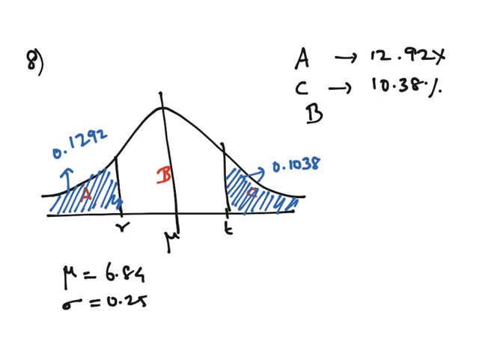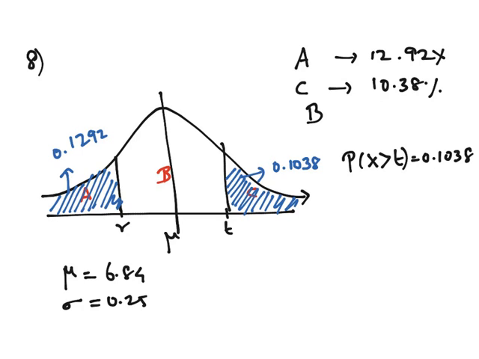Now we know that P of X more than T is 0.1038, right? So area is given. I can use the inverse normal option in the calculator. The tail is right. Area is 0.1038. Sigma is 0.25 and mu is 6.84.